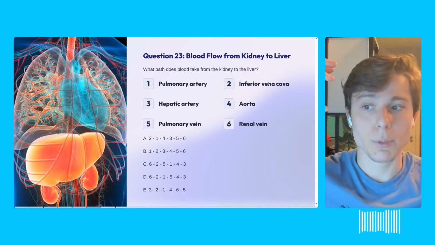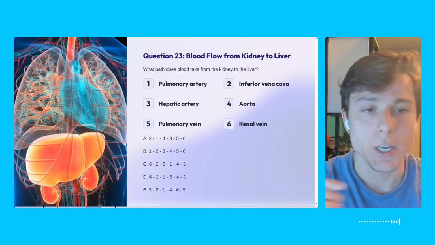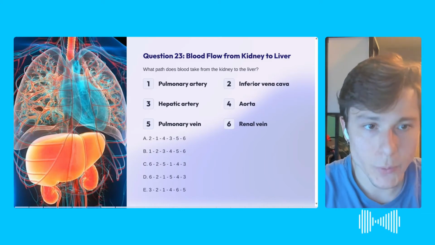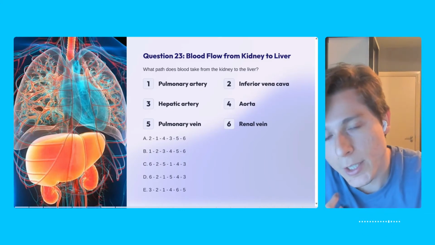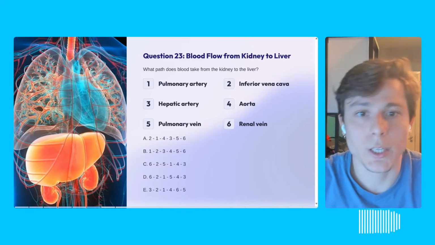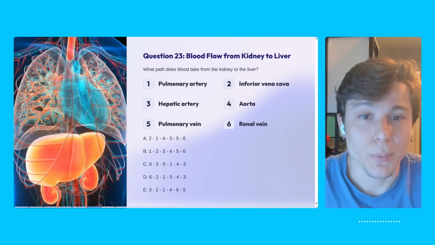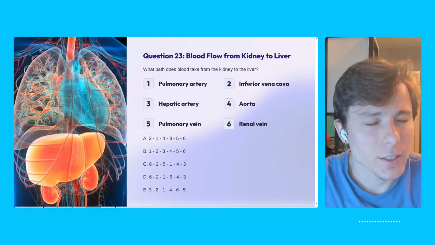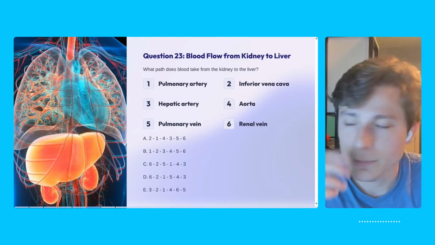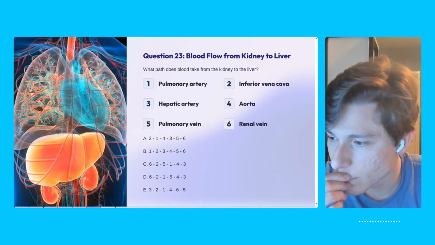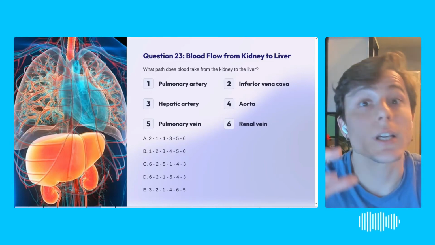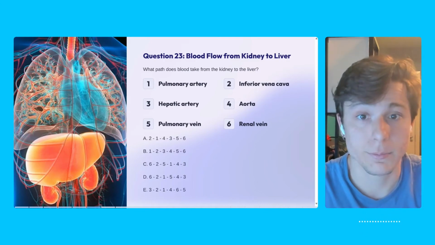If it's coming from the upper part of our body, it's going to be called superior. So 6, 2, after that it goes to our heart, to the right side, to the... I'm trying to remember the translation in English, but to the atrium, right side.